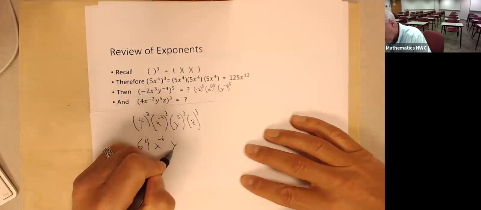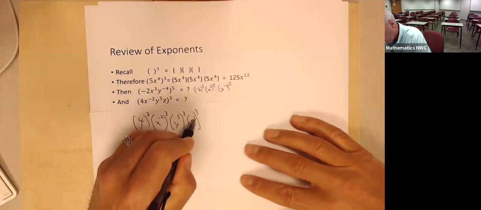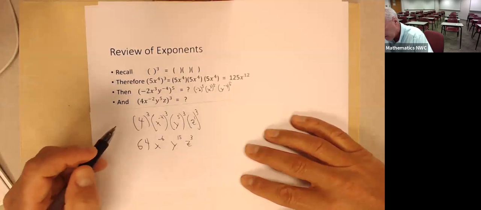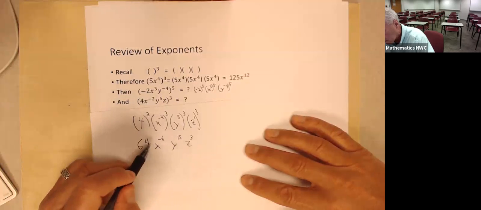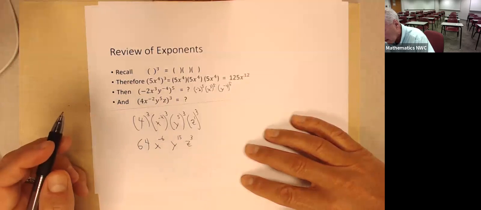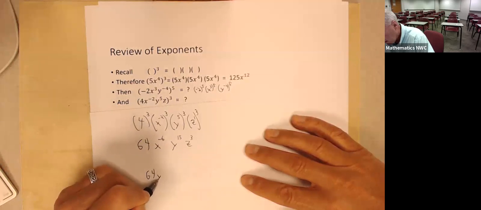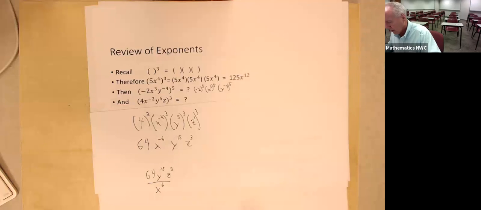Power raised to a power means I multiply to get 15. This is really a 1 there, even though it's not written. 1 times 3 is 3. If I was told to put all my exponents in the numerator, that would be my answer. If they wanted positive exponents, I would leave the positive ones right where they are, but I would move that -6 down to the denominator and make it a +6.